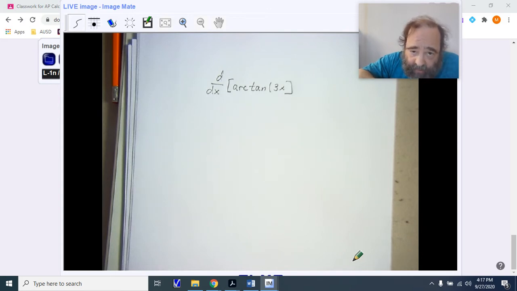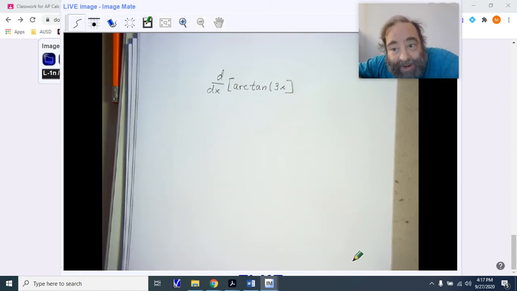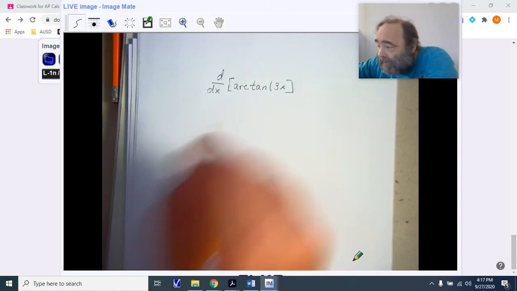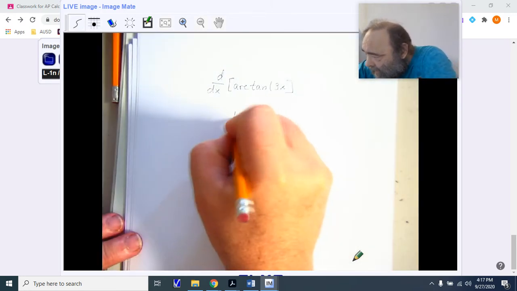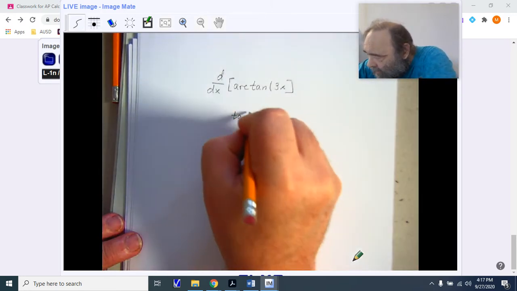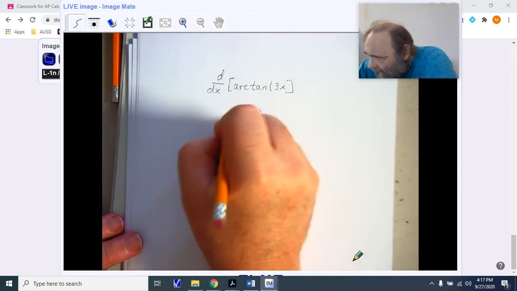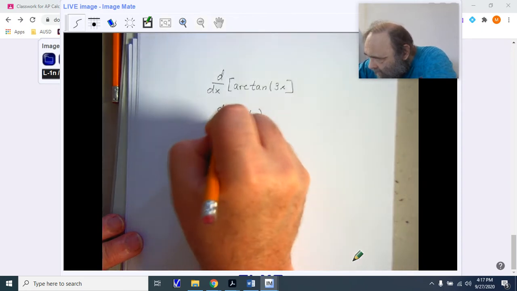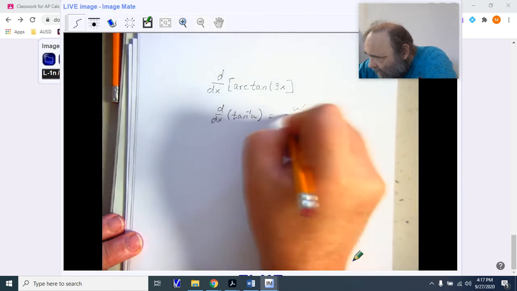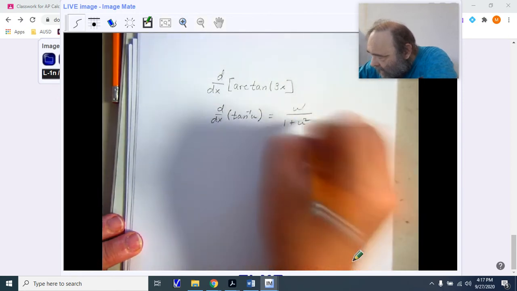And I have an example up here, the arc tangent of 3x. The way we're going to deal with this is to remind ourselves what the formula is. We know, for example, that the derivative of arc tangent of u is u prime over 1 plus u squared.